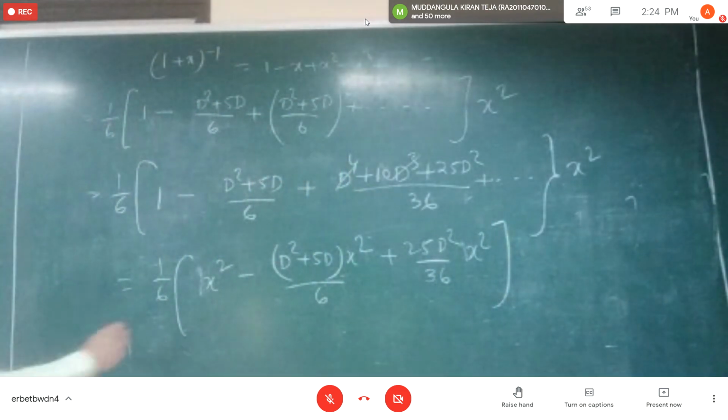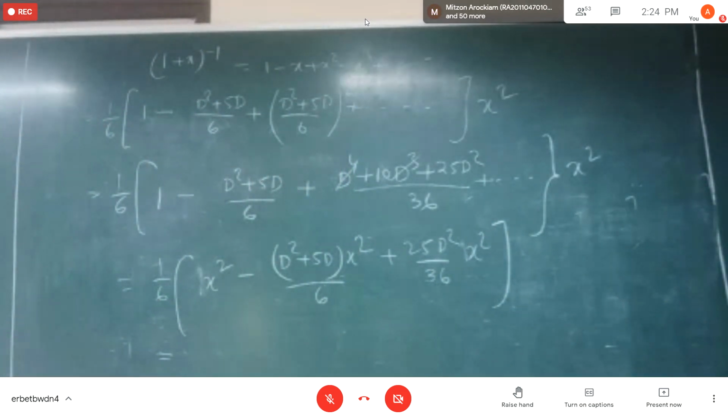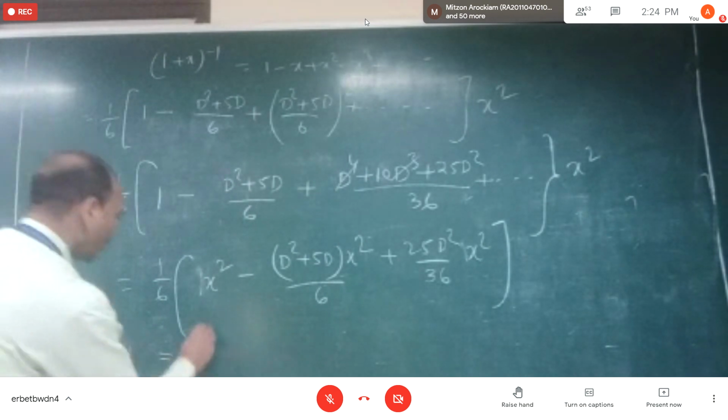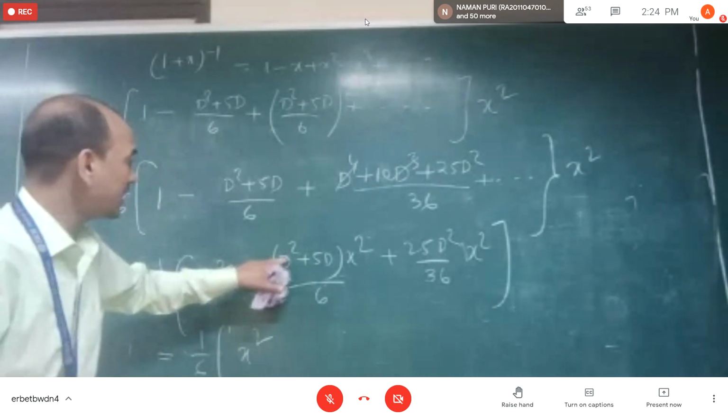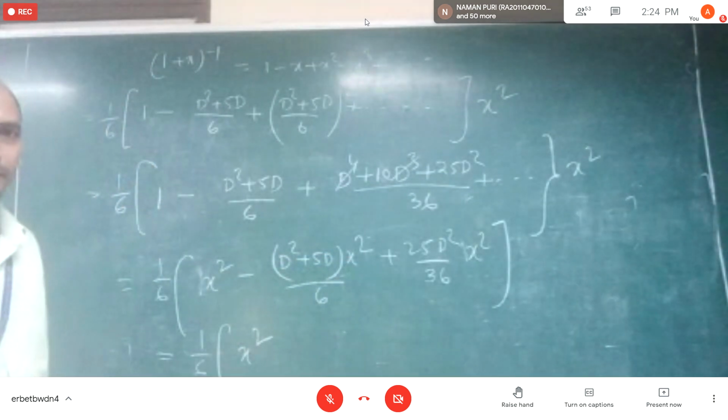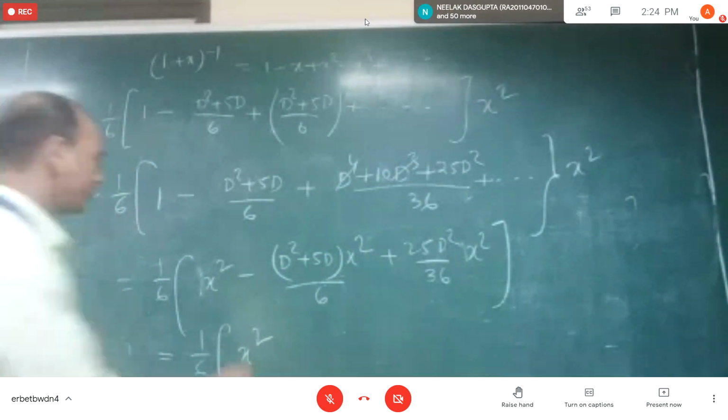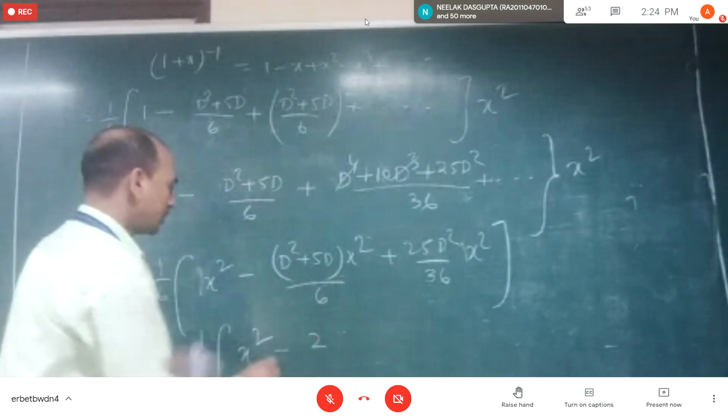Can you simplify it now? Yes. 1 by 6, x square will be as it is. Now what is the d square of x square? 2. So minus 2. This minus is this minus.